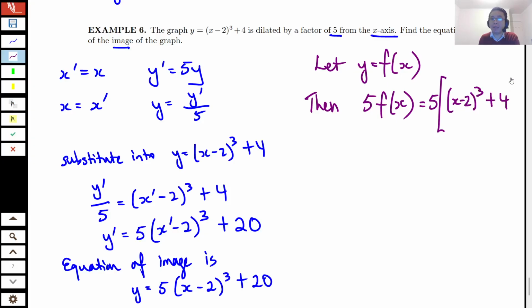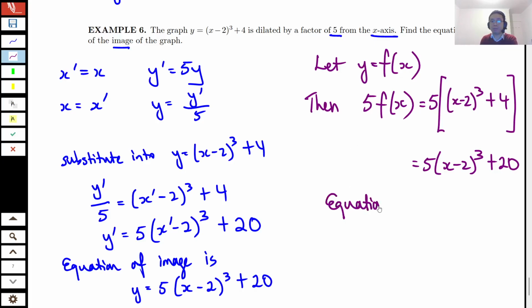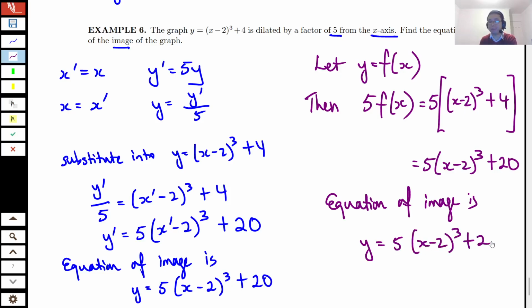Okay, and I'm making this really clear with this big square bracket. Everything is getting multiplied by 5. Okay. And then the equation of the image is y equals 5[(x - 2)³ + 4], which is 5(x - 2)³ + 20.